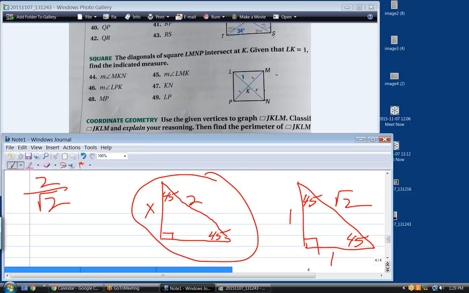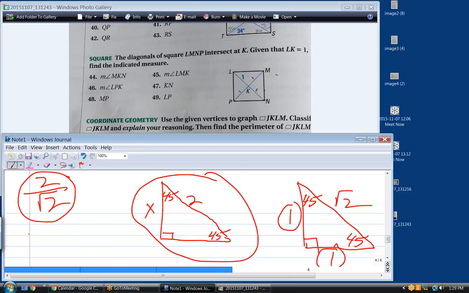There's the similarity ratio. Everything on the bigger triangle has to be this much bigger than it is on the unit triangle. So I'm going to take my measurement of 1 and multiply it by 2 over square root of 2.